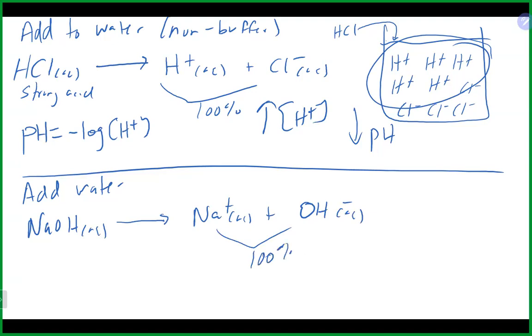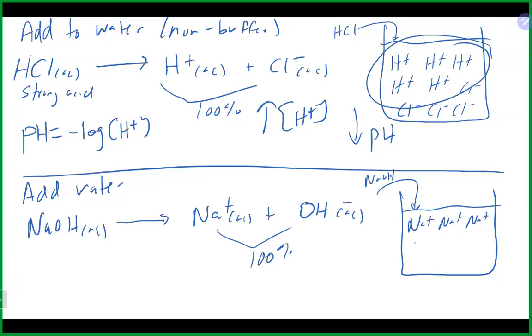So when we look at it here, and we took our sodium hydroxide and dumped it in there, we're going to produce a bunch of sodium ions. But more important here, we're going to produce a bunch of free OH minus ions in solution.